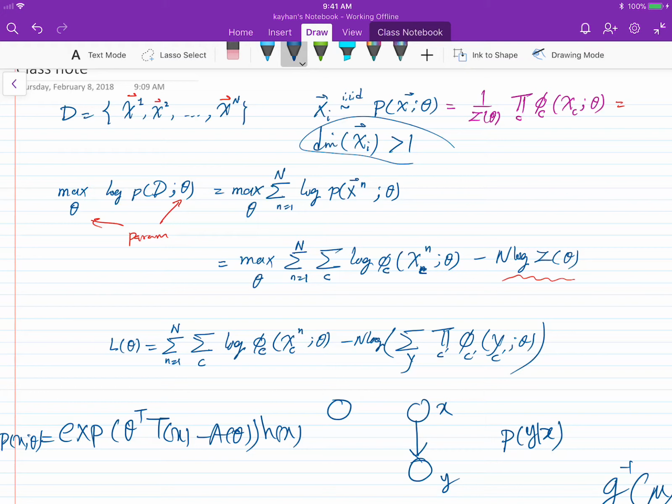During the talk, I may drop those arrows because it's hopefully obvious from the context. I'm assuming that each of these xi's are coming IID from the probability distribution or Gibbs distribution. Hopefully you remember the Gibbs distribution, something that we discussed last time, which is the multiplication of all of the factors with the normalizer.